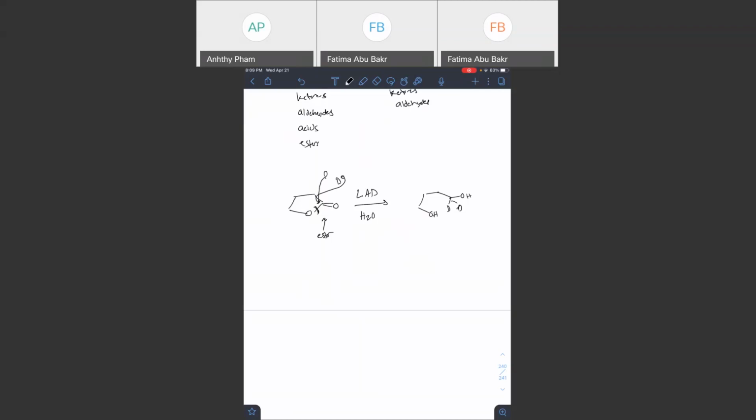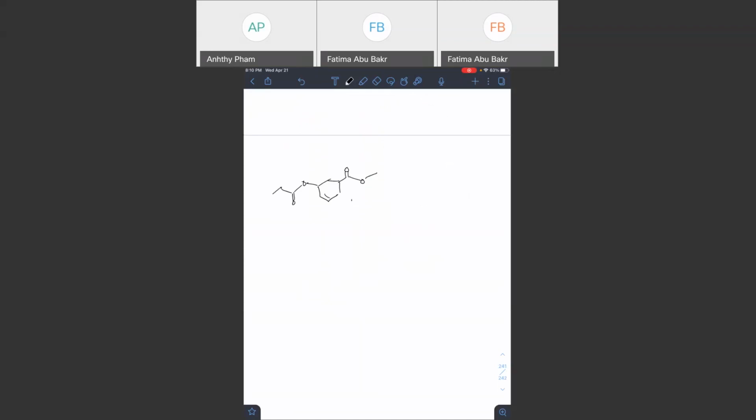And sometimes you're going to be left with some weird products. So let's do this example, which is important. In this situation, we have a slight asymmetry, where you'll notice that on this side, the carbonyl comes first, and on this side, the carbonyl comes second. So what does this do? Well, when we react this with LAH, from this side, an H is going to attack and cut this off.